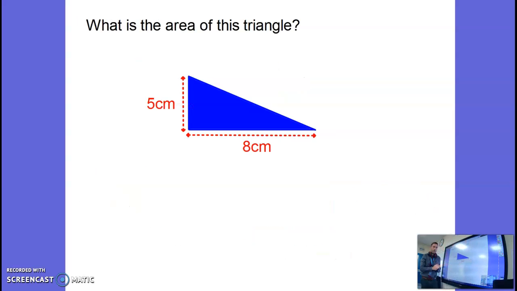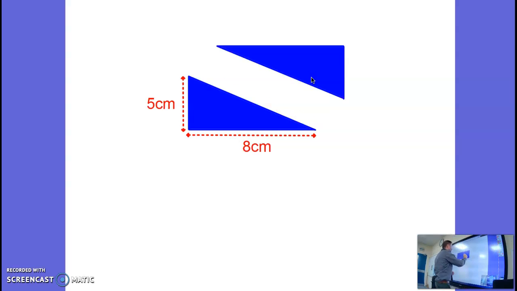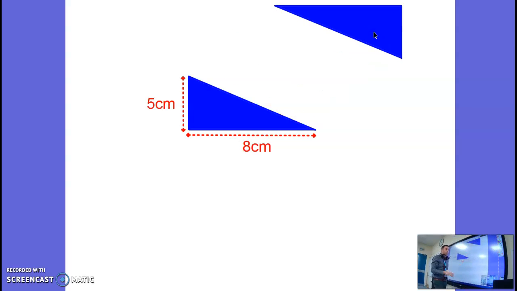So here we have a triangle, and you can see that this particular triangle would be very easy to turn into a rectangle. So if I think about the rectangle here, that one, 5 by 8 rectangle, that area would be 5 times 8, which is 40 centimetres squared. Well, we don't have the full rectangle, we've just got the triangle.